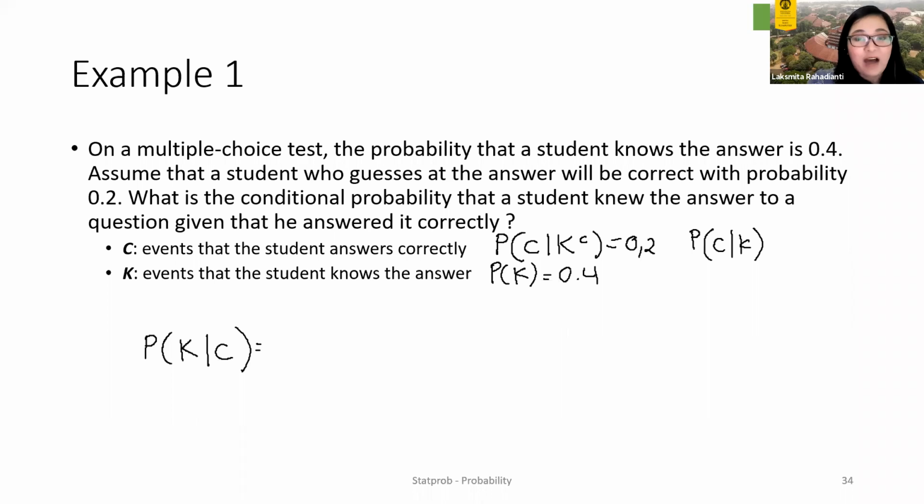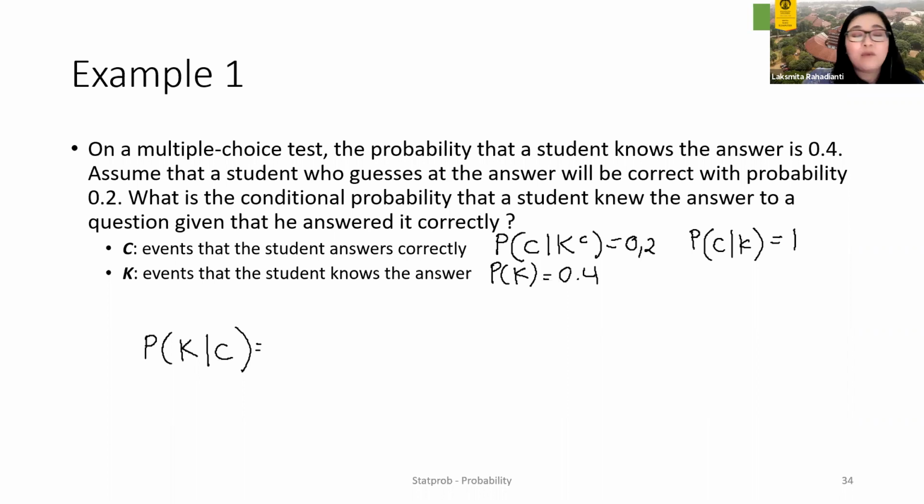If I know the answer, I'm going to choose the correct multiple choice option. So I'm going to assume that the probability of a student answering correctly if he knows is 1. This is what I mean by logic or common sense, because P(C given K) was not given to us. Based on logic, I am making an assumption that the probability of answering correctly, given that he knows, is 1.